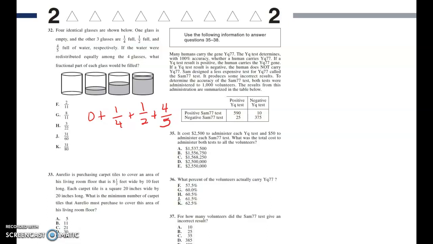Okay, so take a moment and do that on your calculator, and you get this number. Now, we're not done because we have a total of 4 glasses. This is just the amount of water that has been added in there. So we want to take this fraction and divide it by 4. And that's going to tell us how much each glass should hold. So when we divide that by 4, you get 31/80.